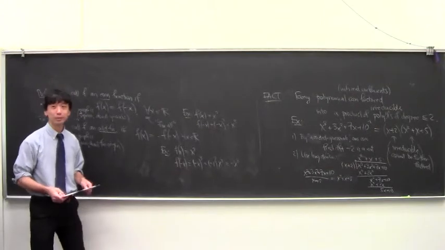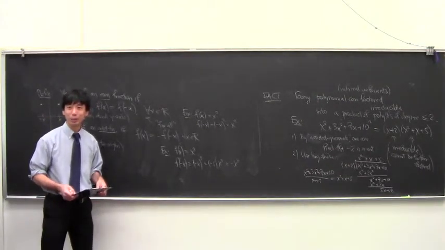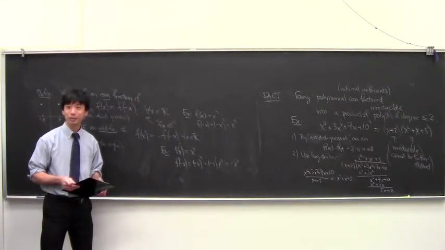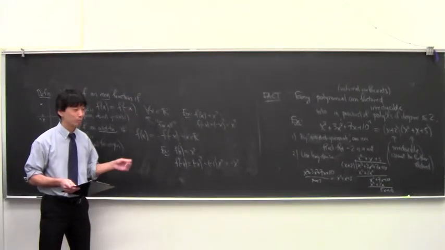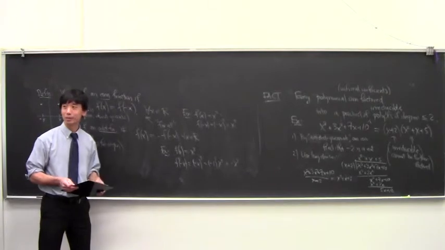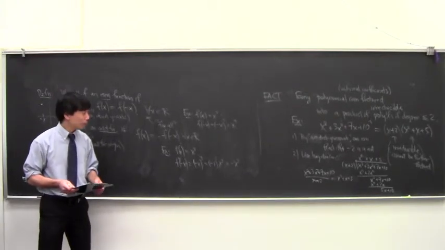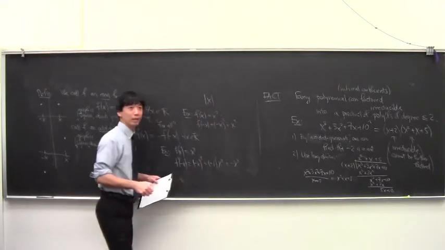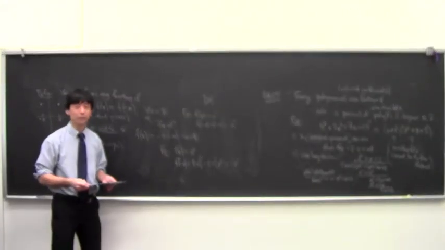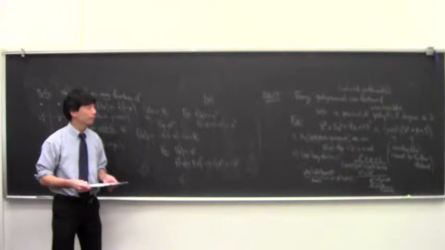Other examples? Can somebody give me a non-polynomial example? Y equals x, that's actually still a polynomial. Absolute value, great. So absolute value is an even function. Why is y equals x a polynomial?